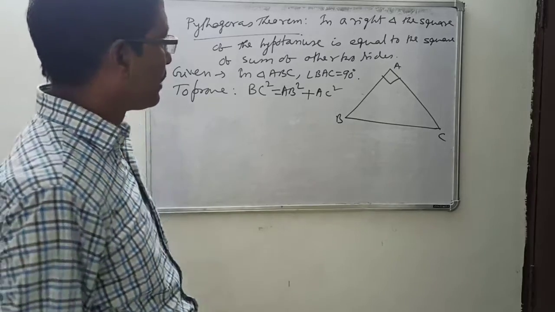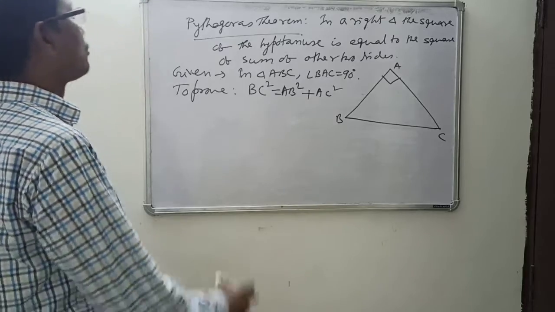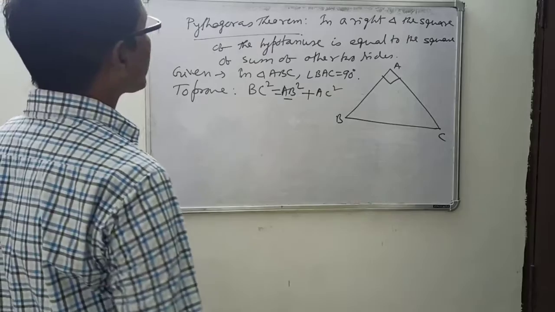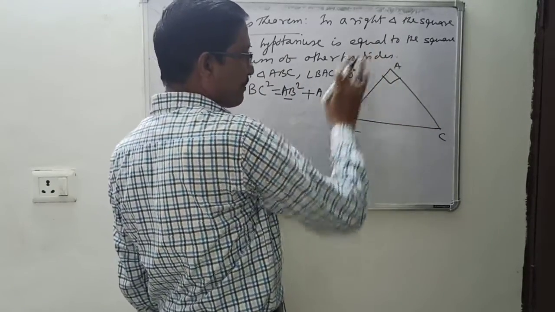Using the similar triangle concept we will prove this. For AB square, we need two triangles that both have AB as a side. One triangle I already have with AB.